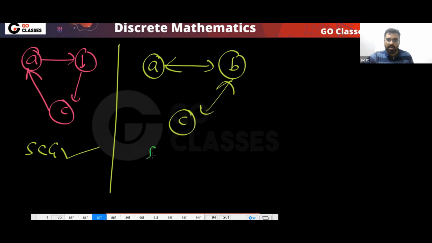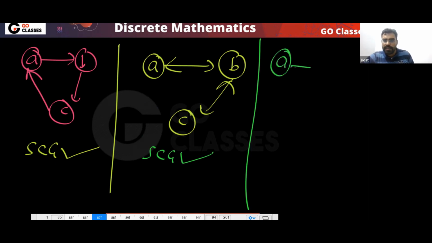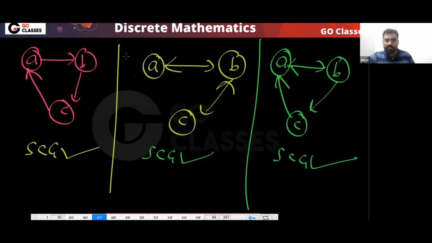Agree? You can check it out. Okay, next. This graph is also a strongly connected graph. All these graphs are strongly connected graphs.